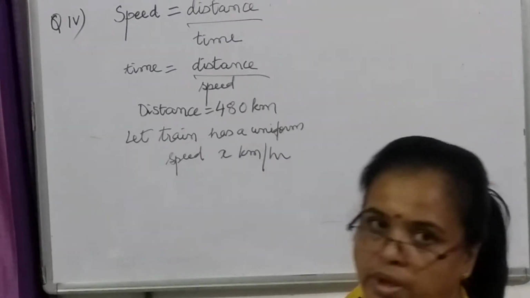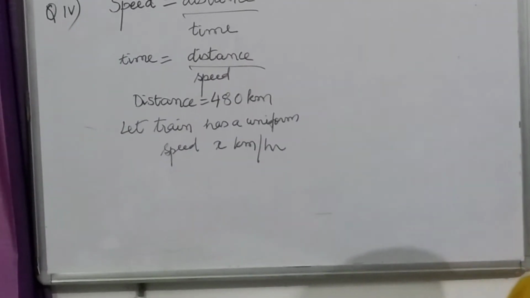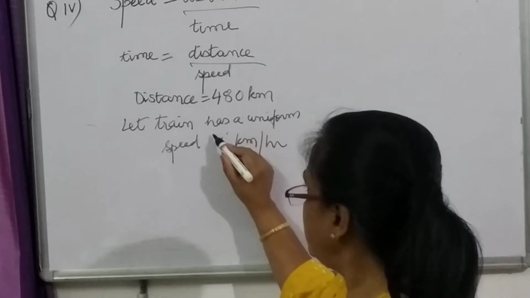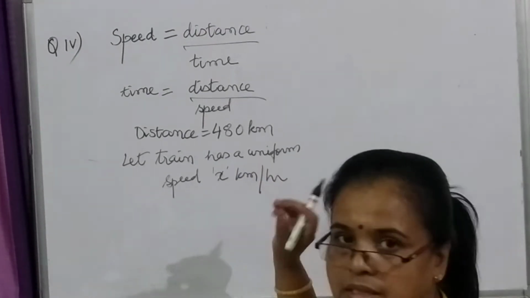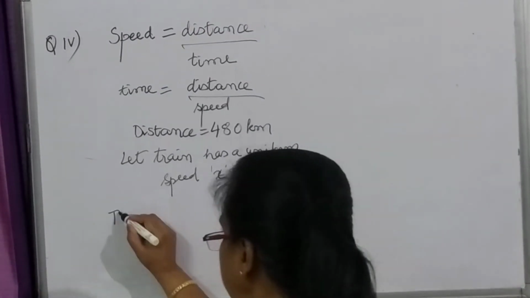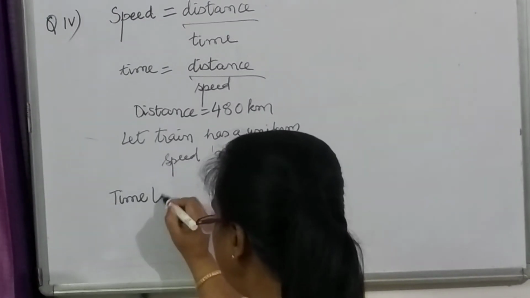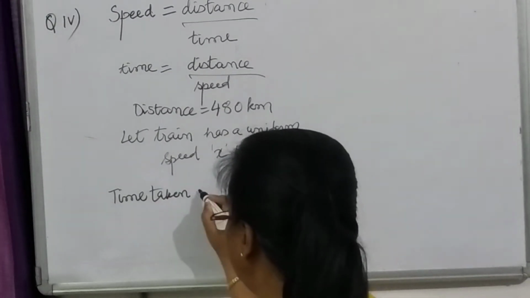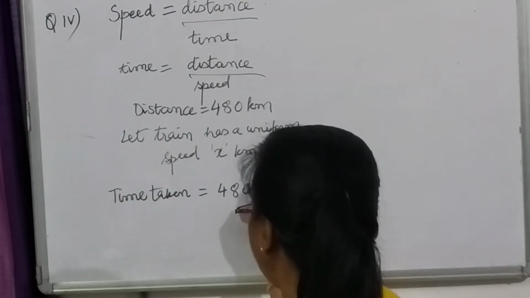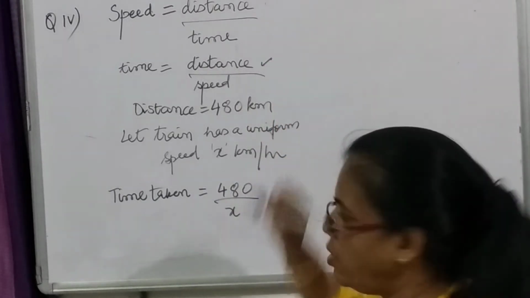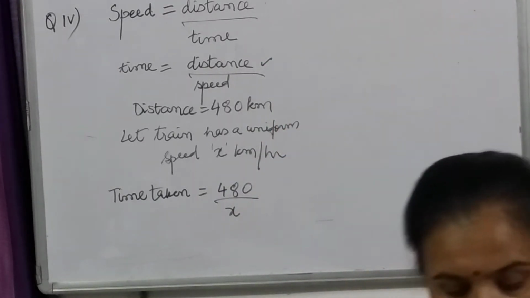So the time taken by the train is 480 upon x, according to my formula distance upon speed.